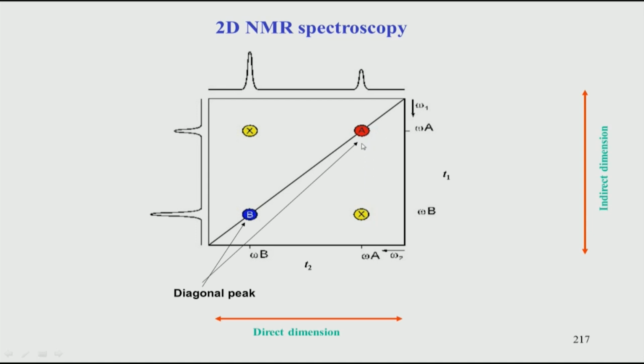Whereas this is called a cross peak, and that comes because A has been transferred to B or B has gone to A. So, you see all 4 will come because we are not distinguishing between A and B. So, this is the concept of 2D NMR. In the next class we will continue with this and see some more details of how a 2D NMR can be analyzed.